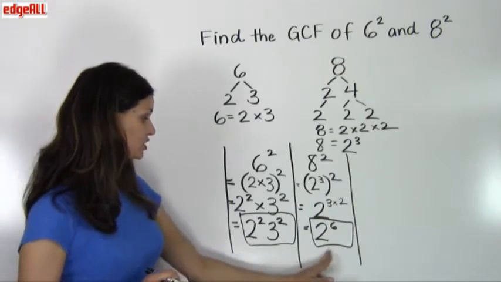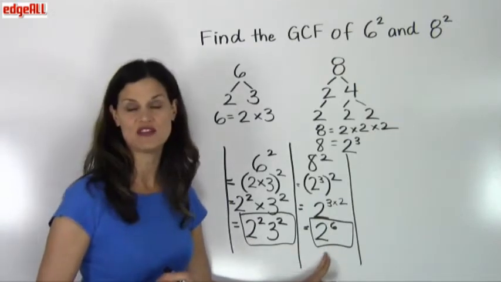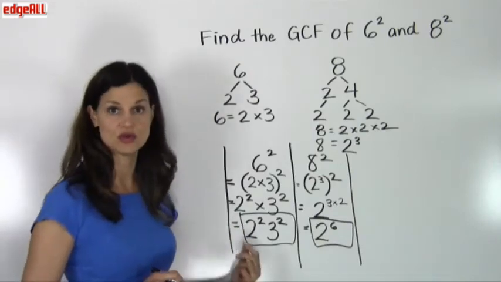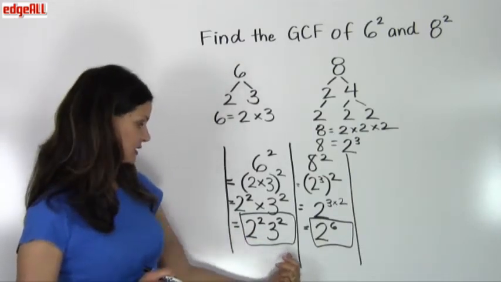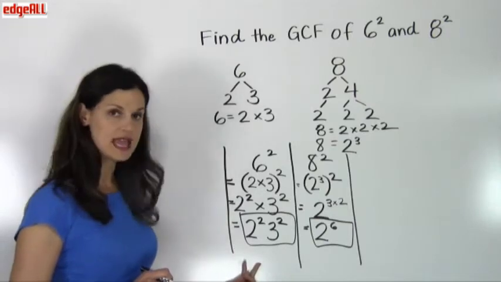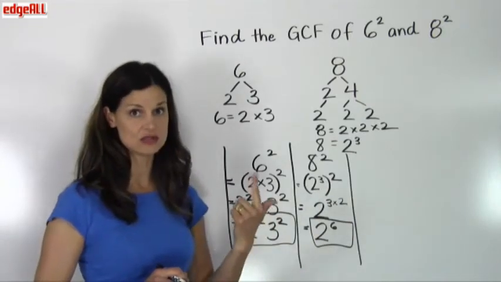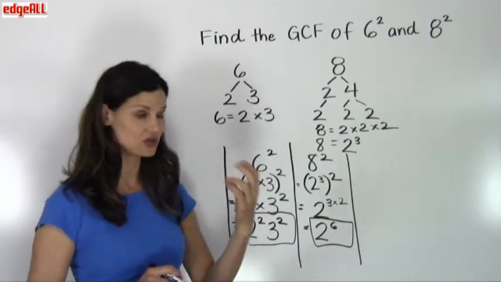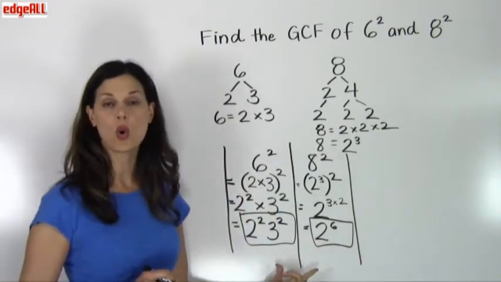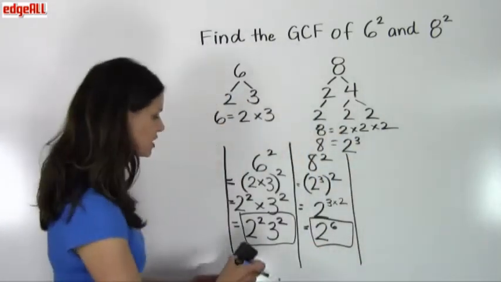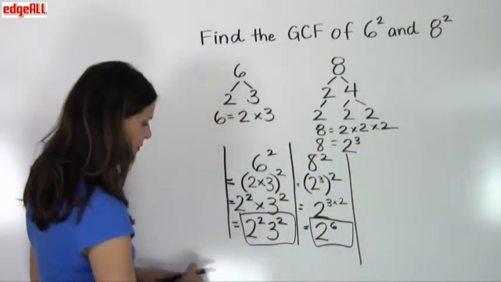The prime number 2 is shared by both. In this case, there are 2 2's, 2 times 2, times 3 times 3, but there are 2 2's. In this case, there are 6 2's, 2 times 2 times 2 times 2 times 2 times 2. But we're only going to take the 2 2's that are shared by both of the numbers.